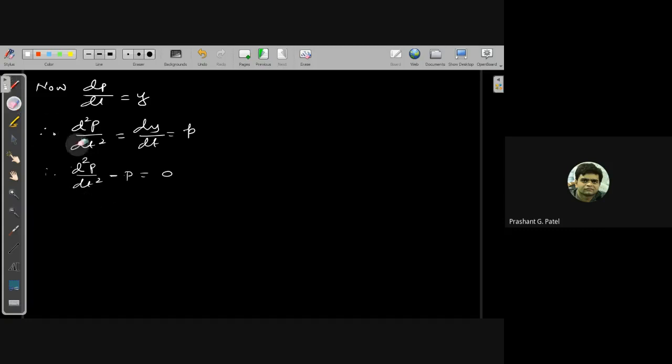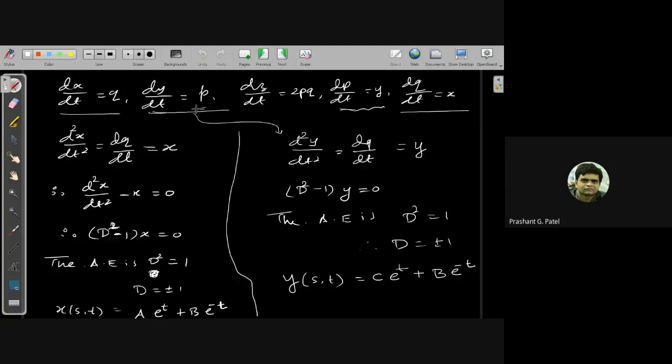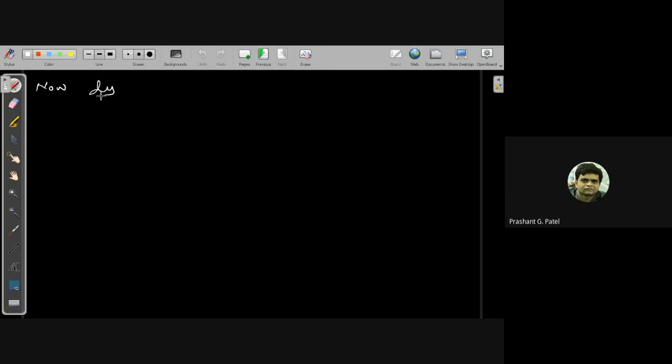In fact, there is no need to do this one, and there is also no need of this one. Because I need to find the value of p, I will use dy/dt equals p.